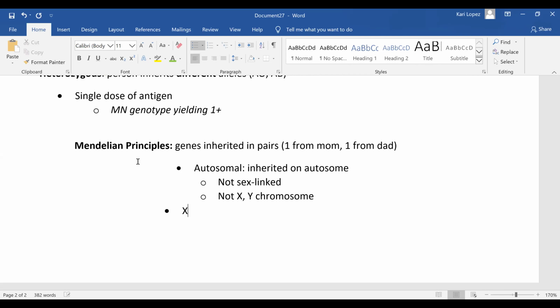And then there's going to be X-linked. And your X-linked are going to be mutations in the X chromosome.